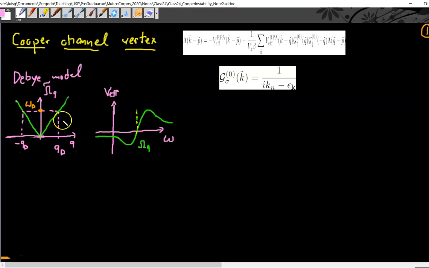Okay, so if I now put this into my effective RPA interaction, we saw that for real frequencies smaller than this renormalized frequency, omega tilde, the interaction would be attractive, and repulsive otherwise. Now what I'm going to do is take this to be the Debye frequency, and that's the key approximation.